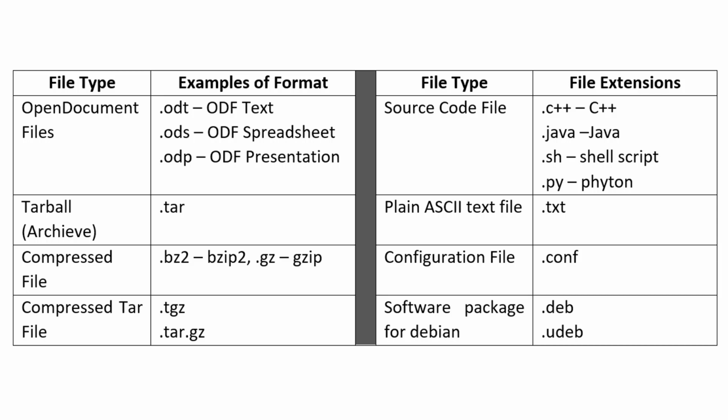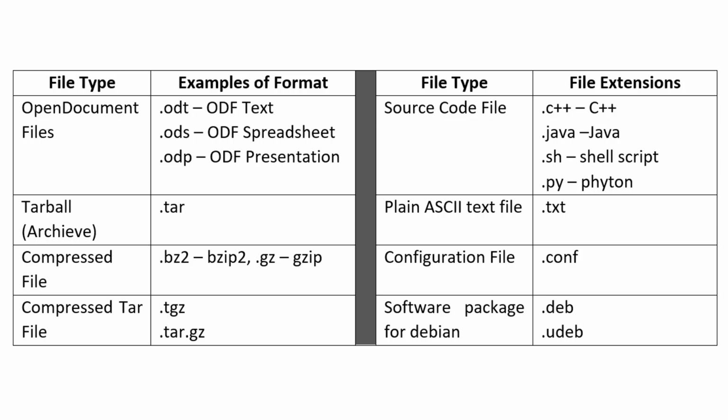We have several more, but these are normally used. The next one is the compressed tar file. This combines the tarball utility and compression, so you can see it as a zip file. We will see this further in the next lab session.